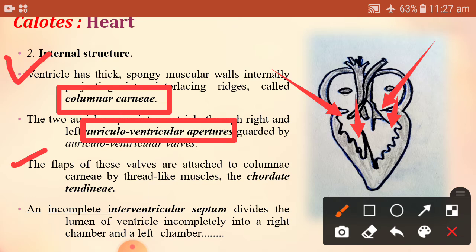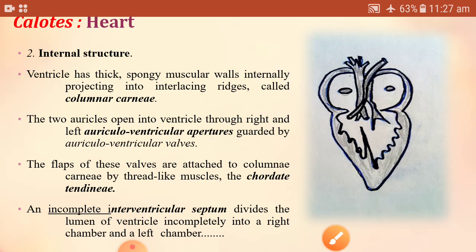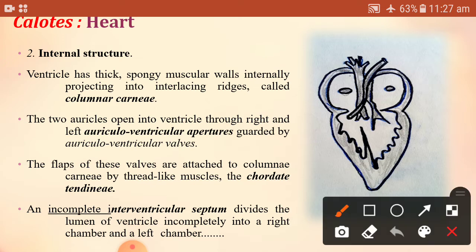Then there is an incomplete interventricular septum. Here there is a septum which separates the two ventricular chambers, called the interventricular septum.